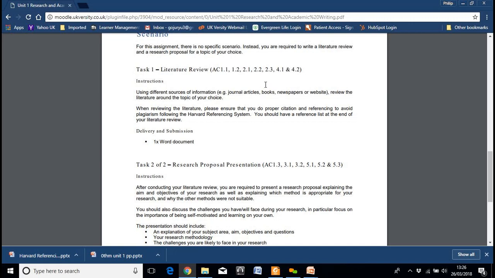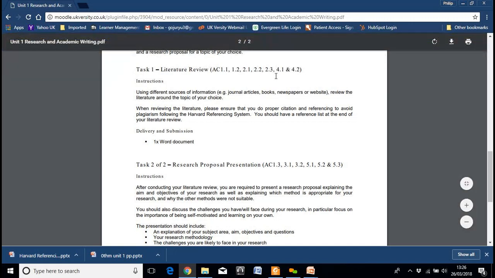Again, you need to do research yourself to find out which literature is going to be suitable to give secondary data for the research that you're going to do. When reviewing the literature, put your citations in. So basically, you're producing a Word document that will cover those subjects around the topic of your choice.